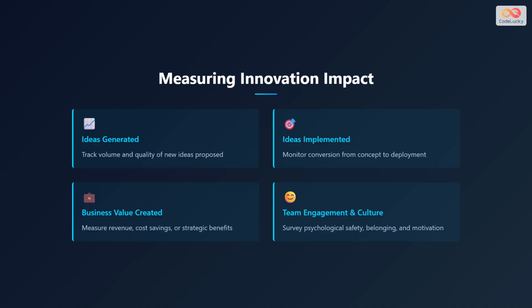This might include revenue from new products, cost savings from process improvements, or strategic benefits like entering new markets. Assess team engagement and culture through surveys and feedback. Measure psychological safety, sense of belonging, and motivation levels. These metrics help you understand whether your innovation leadership efforts are working. Use these measurements to guide your continuous improvement as a leader.